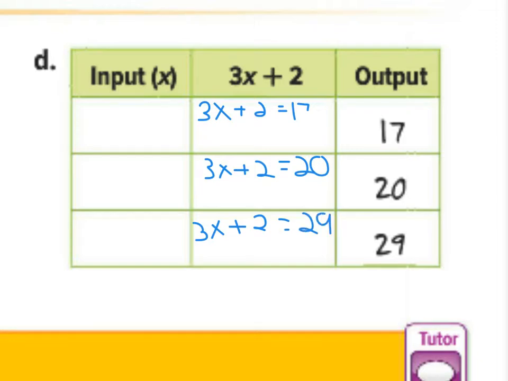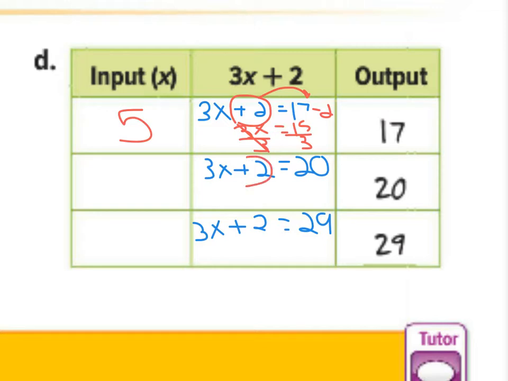We isolate by inverting. So invert, this becomes minus 2. I now get 15, and I get 3x equals 15. Divide both sides by 3 to isolate the x, and I get x equals 5, because 15 divided by 3 is 5.